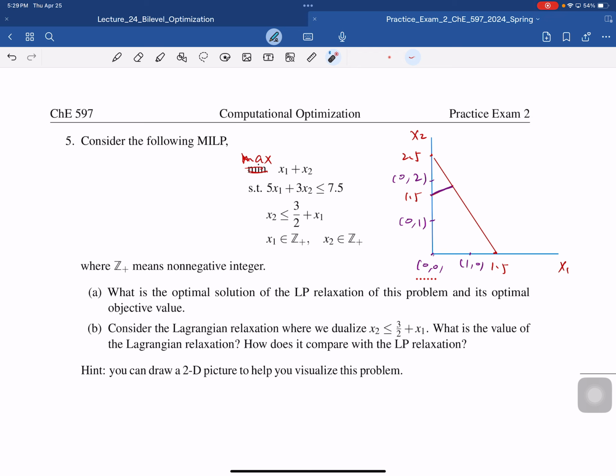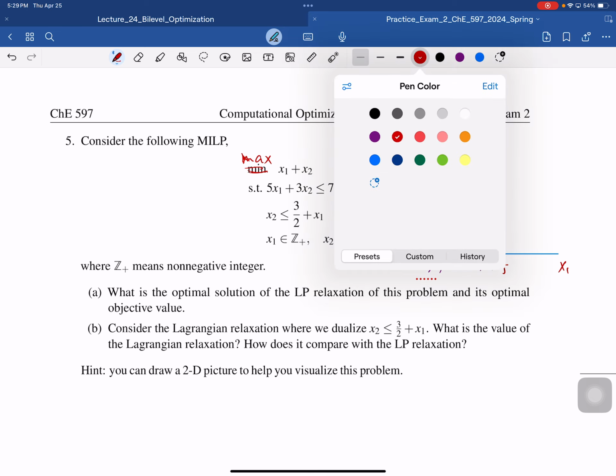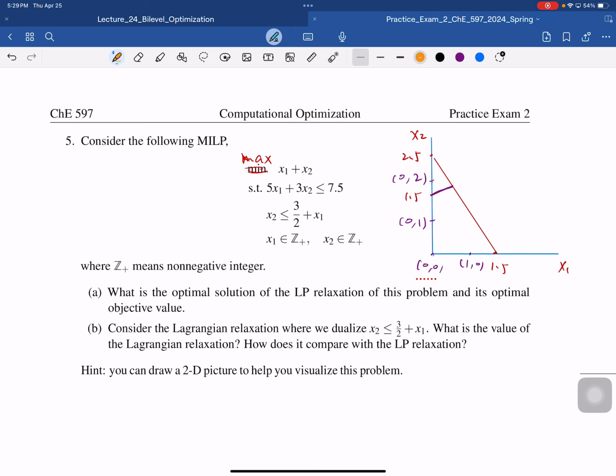If you consider the convex hull of the integer points that you did not dualize, using a different color, this region is the convex hull of the constraints you did not dualize. You need to intersect this convex hull with the constraint you dualized.